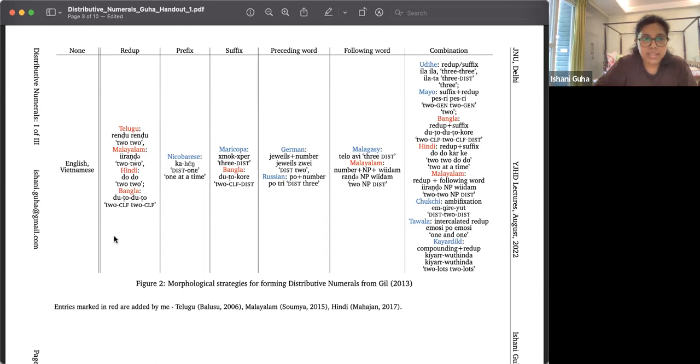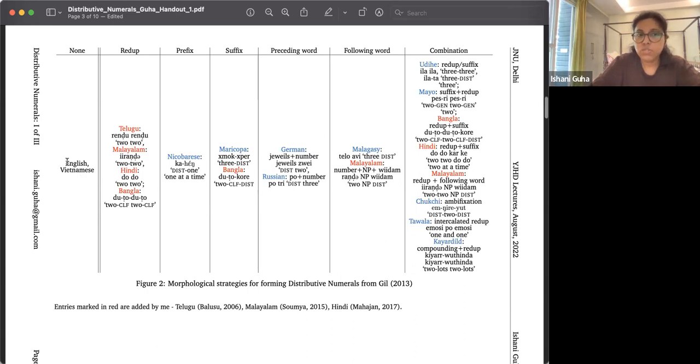I've added, so it is claimed in this entry by Gill that there are languages which do not have distributive numerals, namely English and Vietnamese. I will talk later in the second class about English distributive expressions.